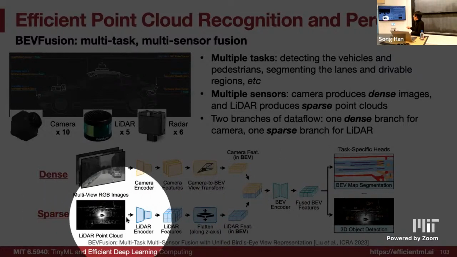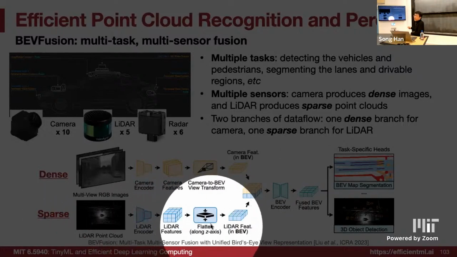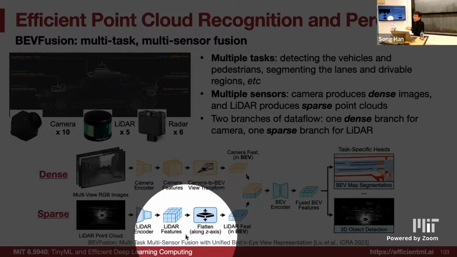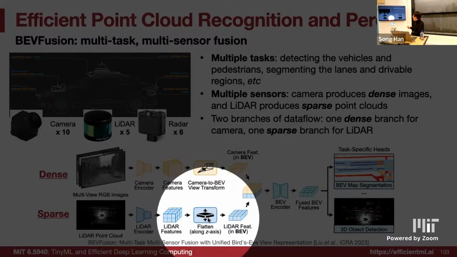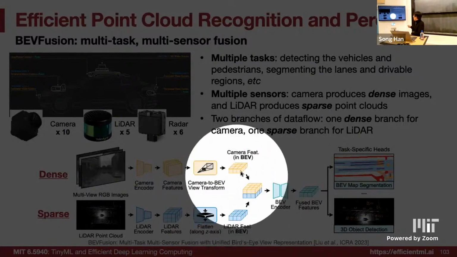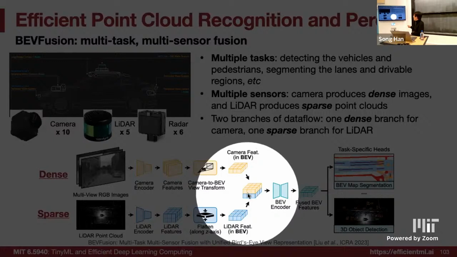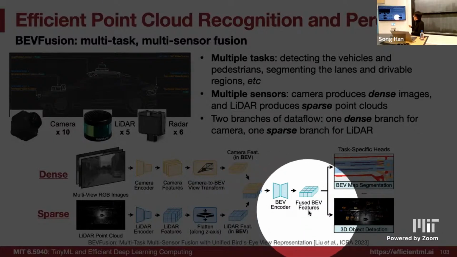For the LiDAR sensor, we pass it through a LiDAR encoder to get the LiDAR feature, and then we flatten that in the Z space, assuming that no car will be laid on top of another car. So we can flatten that in the Z axis, and get the LiDAR feature in the BEV space. Then we can concatenate the information together, pass it through the BEV encoder to get the fused BEV features.